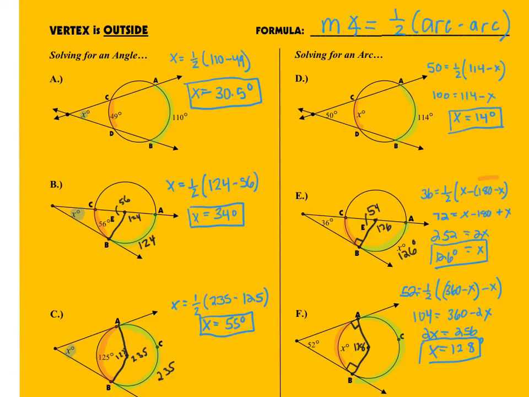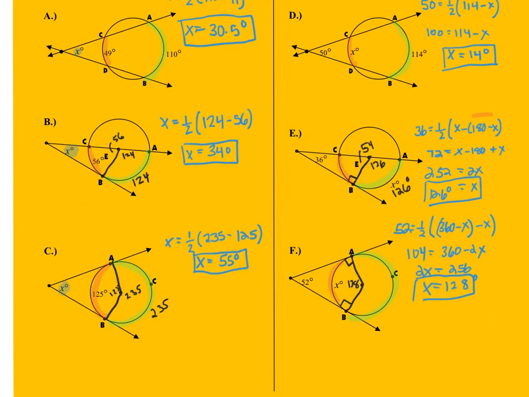Looking at letter C, letter C is also one that you might be able to see two different ways to do the problem. So if we look at this, here's the x we're looking for.